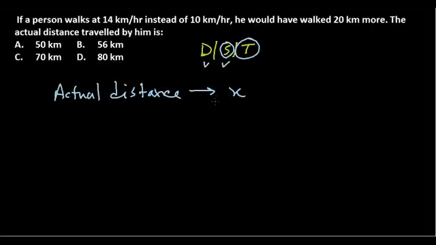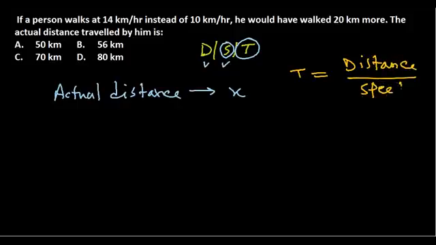Now you all know that in this situation we can simply write that this is the actual distance traveled, right? If you want to find the value of the time or speed, we can simply write time equals distance by speed, right?